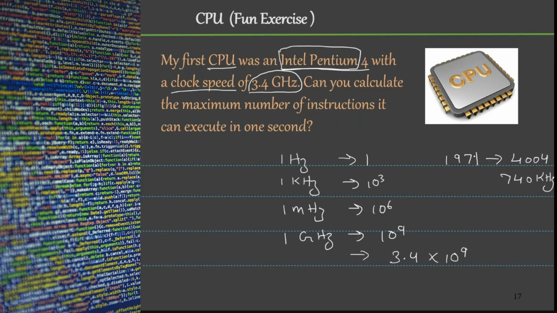Remember, I'm talking about 1971. Then they went on working on that. In 1974, they came up with a very standard processor, 8080, and for this they increased the speed to 2 megahertz.